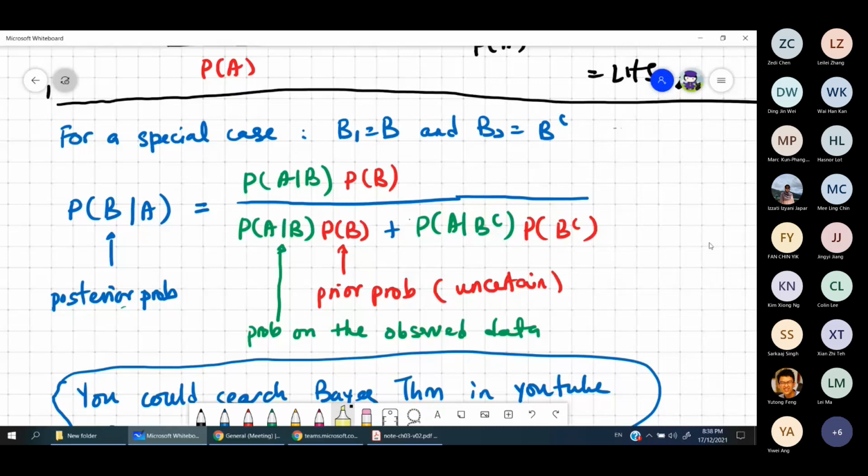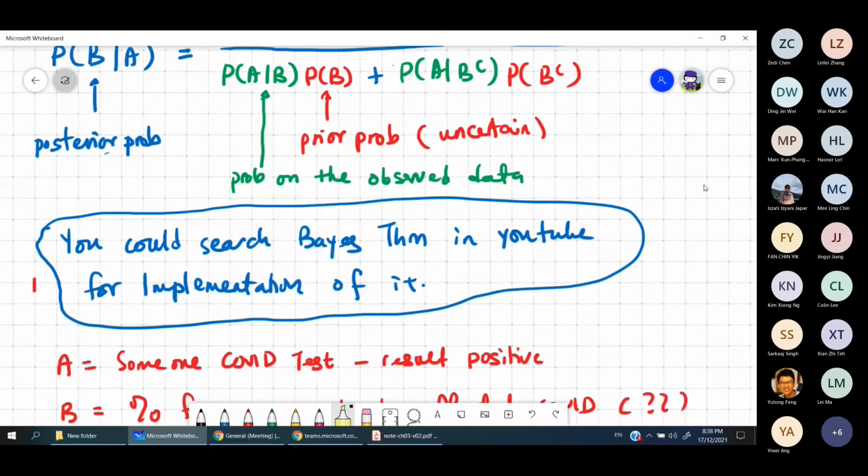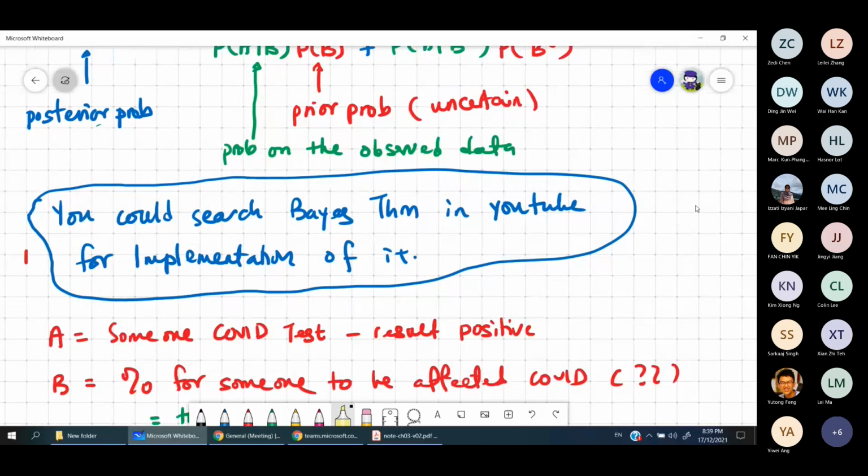But anyway, I am not really from this kind of applied field. I will focus more on the theoretical part. If you are interested in this, you can Google it.